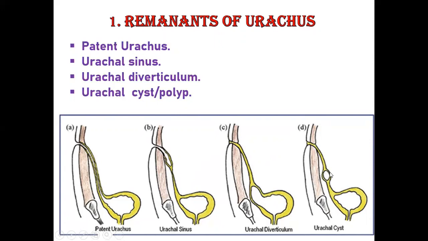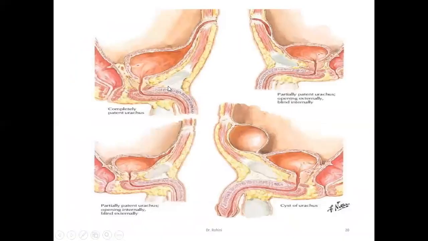This is called a urachal cyst. So there can be patent urachus, urachal sinus, urachal diverticulum, or urachal cyst or polyp. We can see here this is the sinus. See clearly, it is completely patent. Here is the sinus, the distal part is here, and you can see this is the diverticulum, and this here is the cyst.